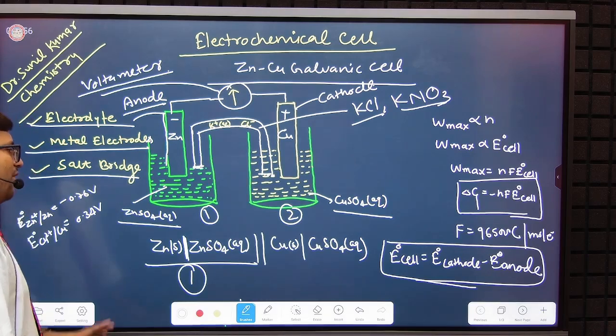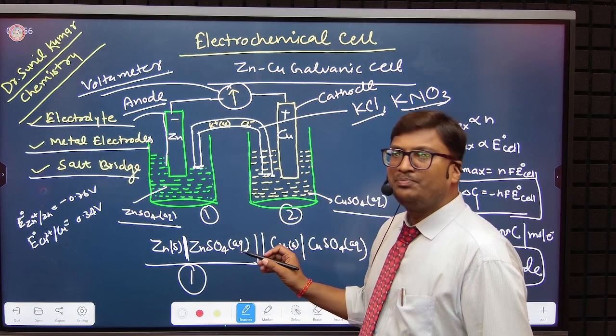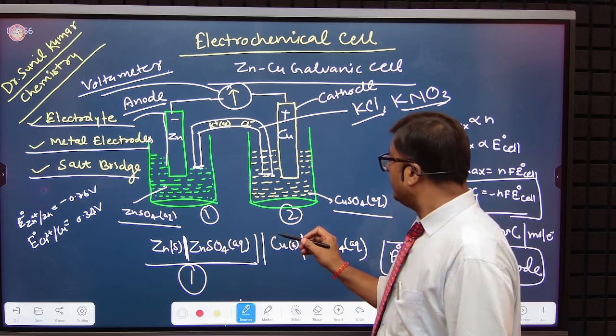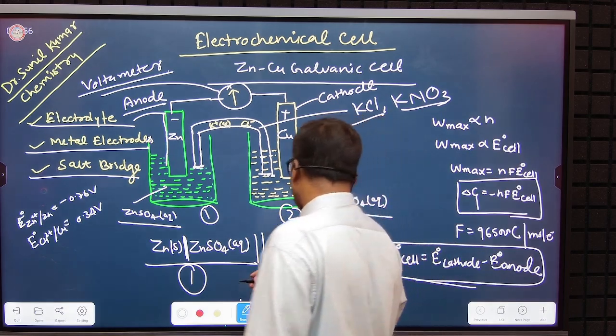for the half cell reaction, and here we have shown two vertical lines, right? So these two vertical lines are called the salt bridge.